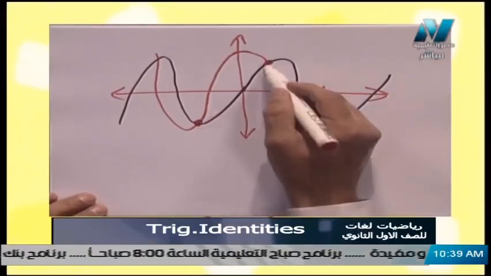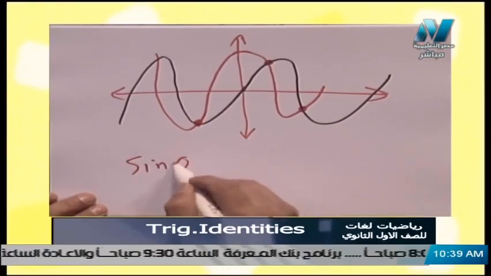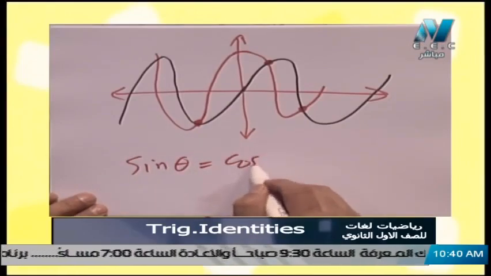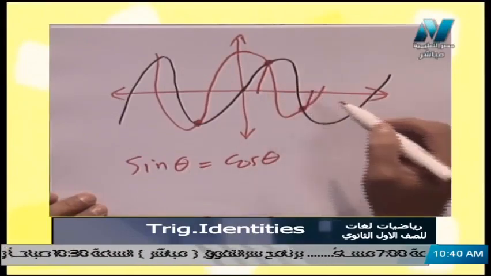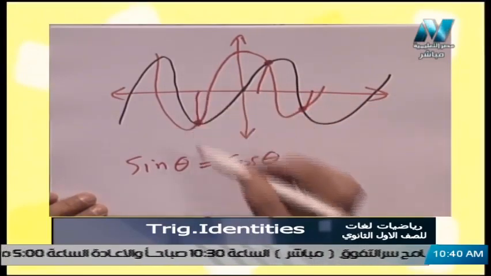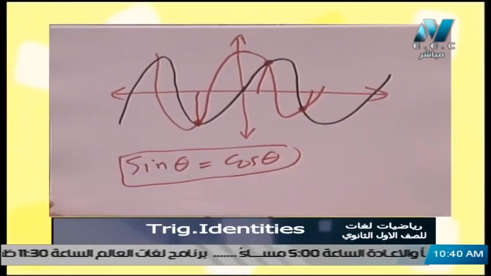These points mean that sine theta equals cosine theta at these values, and only at these values. So it is an equation and not an identity.